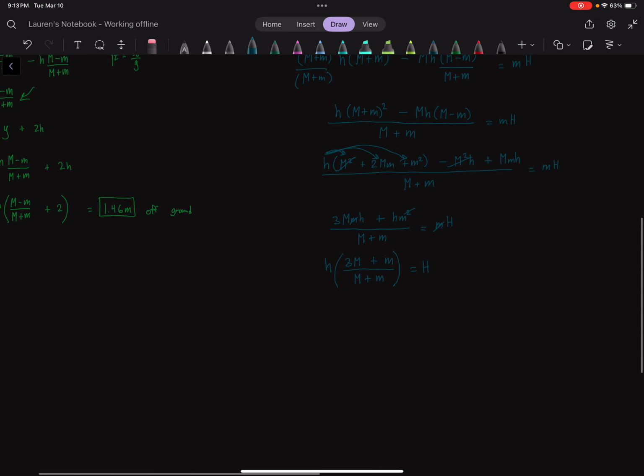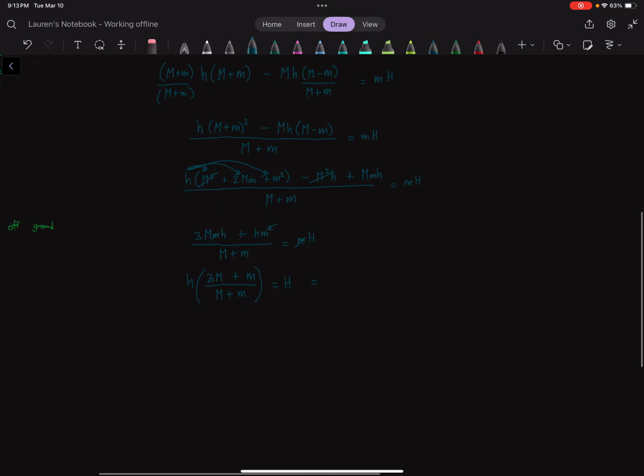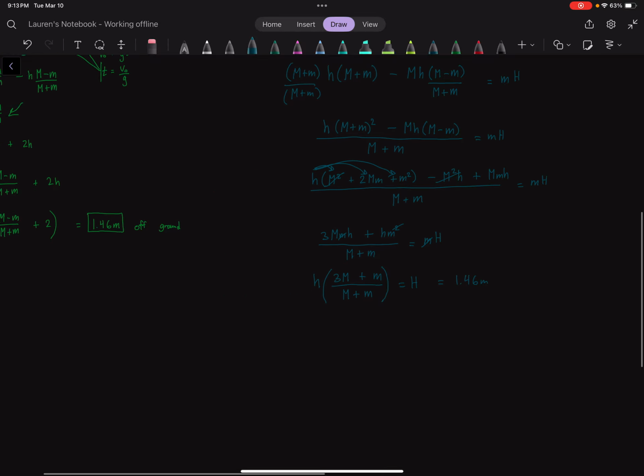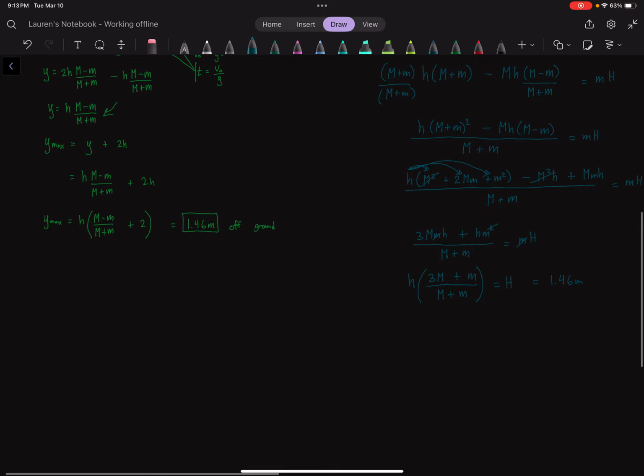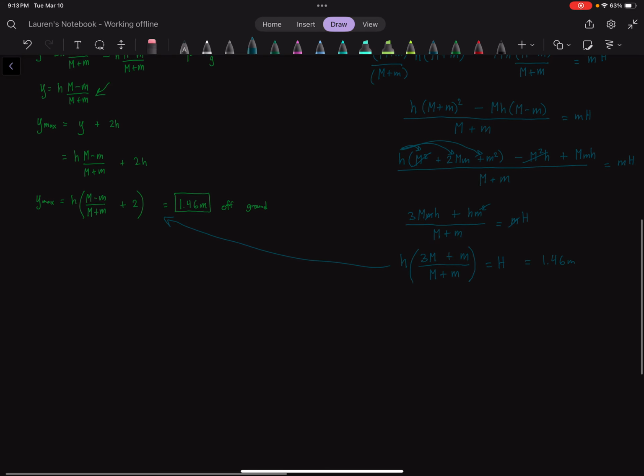All right, and if you plug this in, which we could have plugged in earlier, but if you plug this all in, then you should get 1.46 meters. And instead of going and calculating that, I would like to see if this can be made to match that, because that seems more satisfying to me. And it looks like it's pretty darn close, actually.